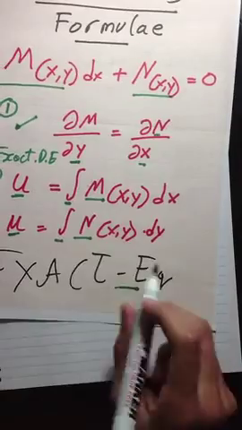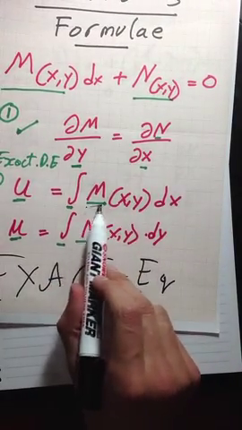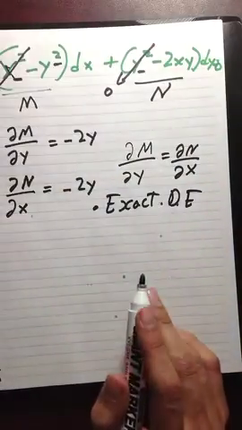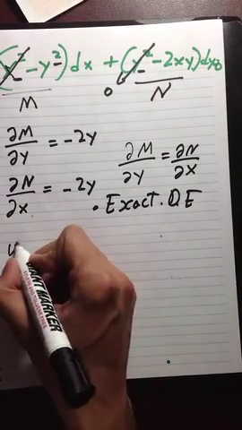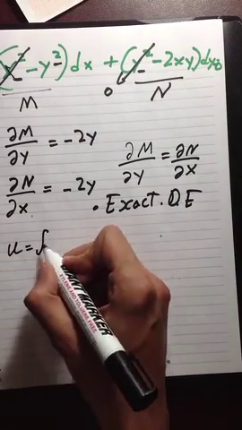The next step we should be doing is integrating M and integrating N. So I'll be doing this right now. Let's integrate M. So u, which is just a letter, you shouldn't really worry about it right now.